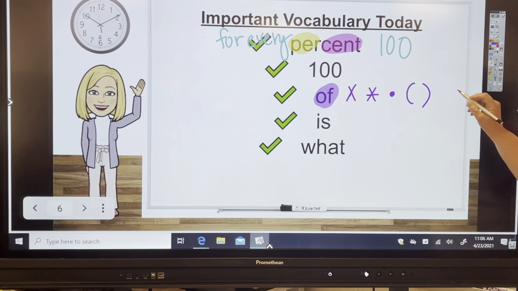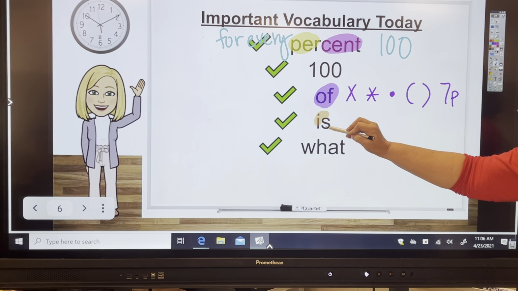If we have a number and a letter, we can write 7p, whatever, okay? But the word of means to multiply. If we have the word of in a word problem, you must multiply.